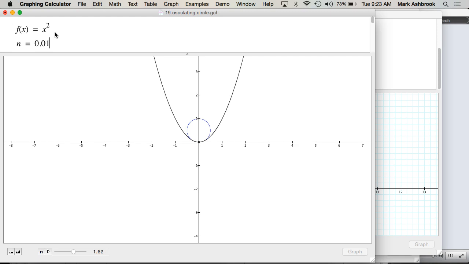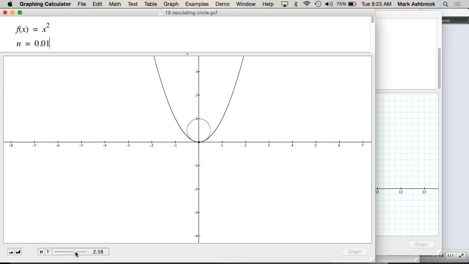Okay, so when n equals 0, what is the radius? So just based on the picture, can you tell me what the curvature is at n equals 0? What is the curvature? Radius is 1/2, curvature 2, right? Curvature 2.